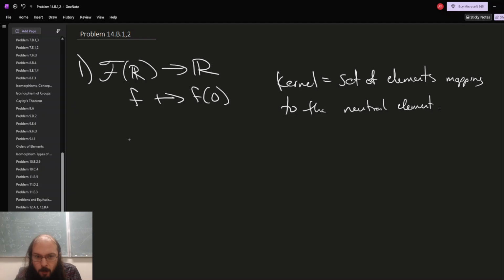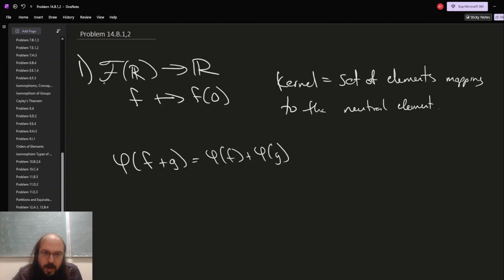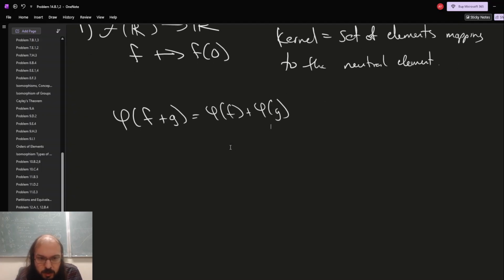So to see that this is a homomorphism, if I call this thing phi, I have to see that phi of f plus g equals phi of f plus phi of g, because the operation on the group F of R is addition. So this says to take f plus g and evaluate it at 0.